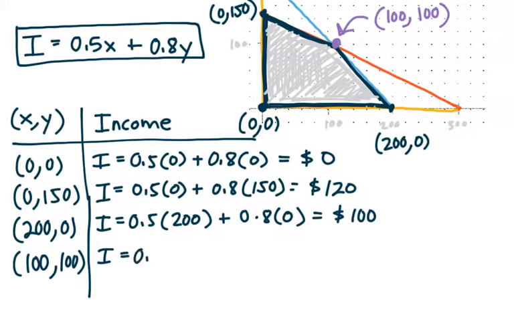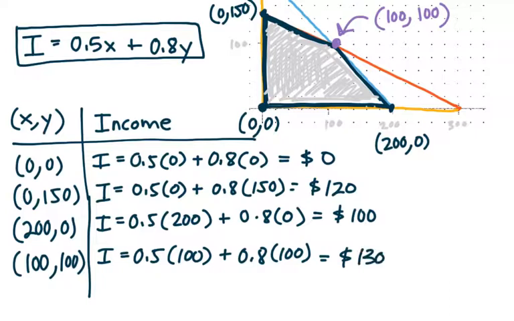And then lastly, if we make 100 of each, 100 regular and 100 jumbo, we end up with an income of $130. So that is my largest income value, and that lets me know that my maximum income is $130 when 100 regular, x was regular, and 100 jumbo biscuits are made.